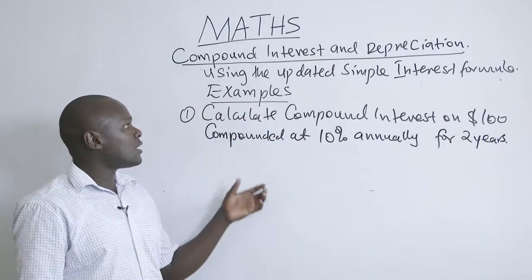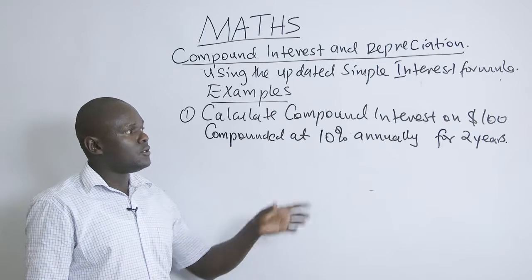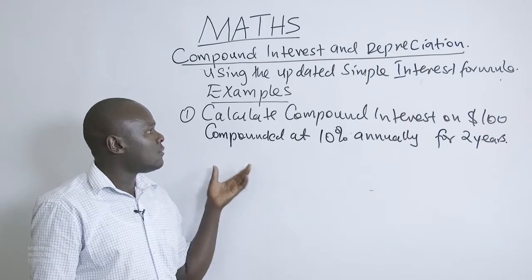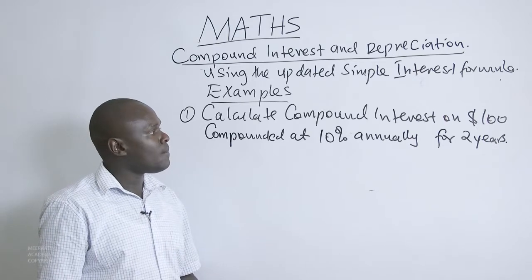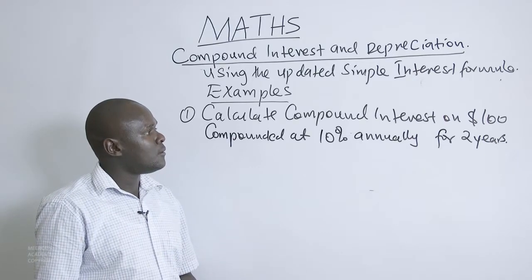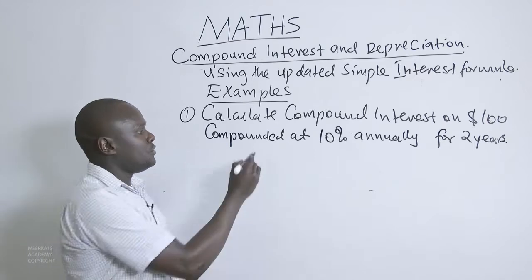We are tasked to calculate the compound interest on $100 that is compounded annually at 10% for 2 years.